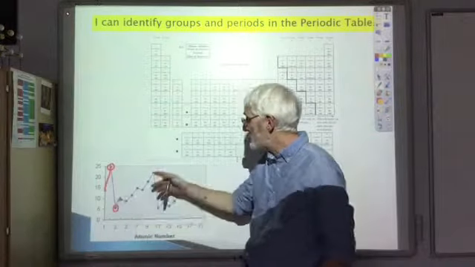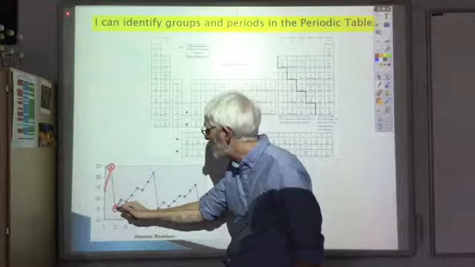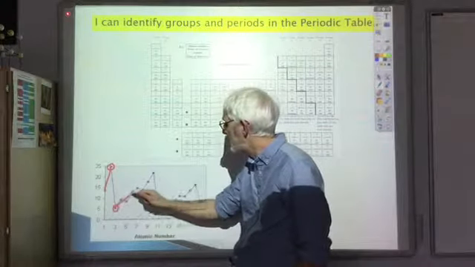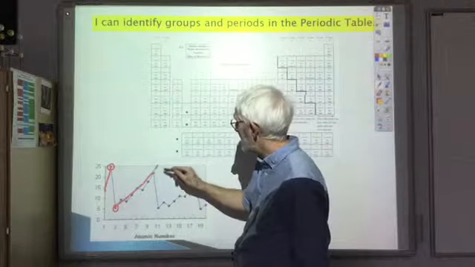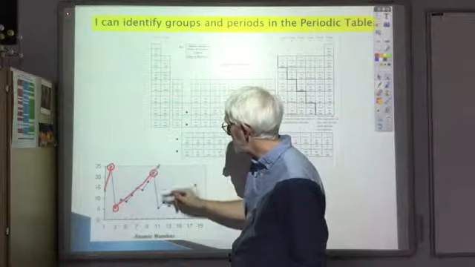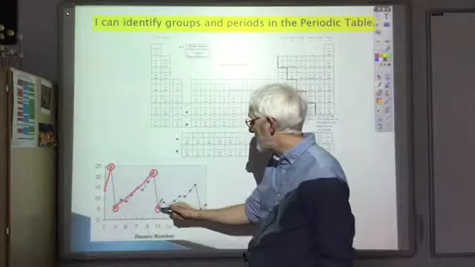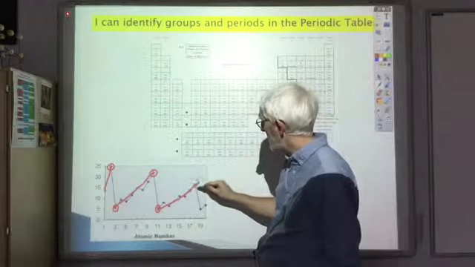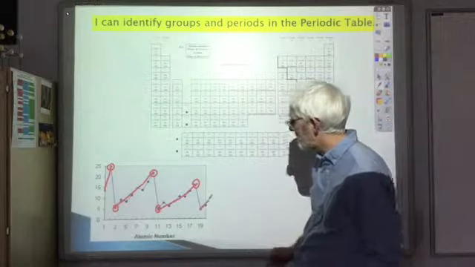Then as we go across the next period, which is lithium to neon, we get this general trend with a wee blip up and down of increasing. Then we get another big drop, so that tells us this is group 0, and then this is group 1 again, start of the next period. Again it gradually increases till we reach group 0, then we start another period.